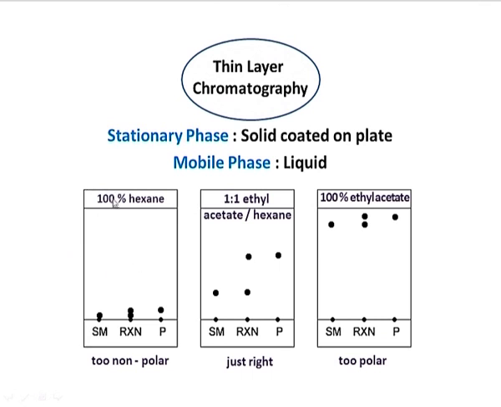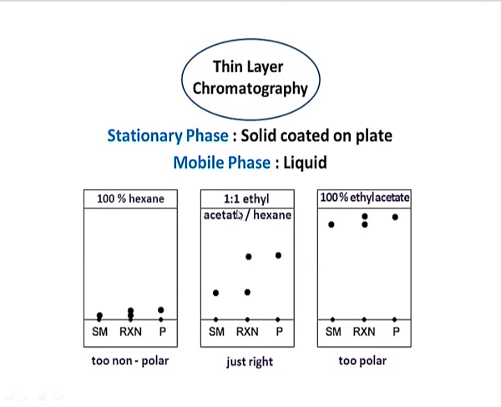Now, what happens if you elute with 100% hexane? After it is run and the solvent reaches the front, you notice that there is hardly any separation between the two solute particles. In the second case, you make a 50-50% mixture of ethyl acetate and hexane.